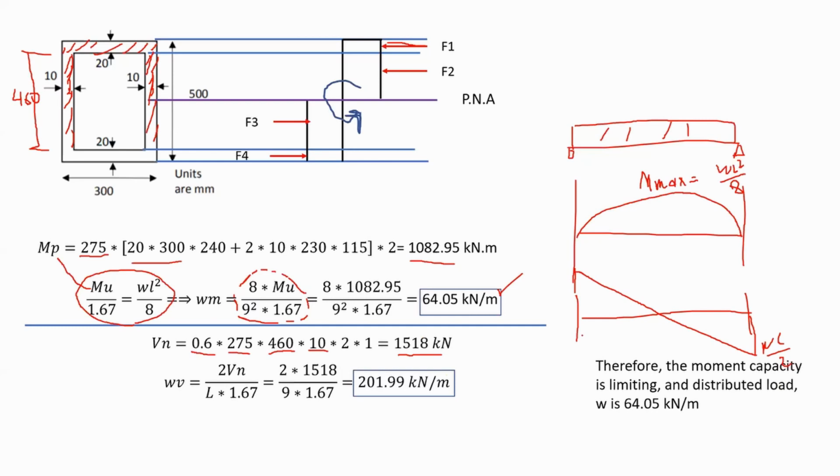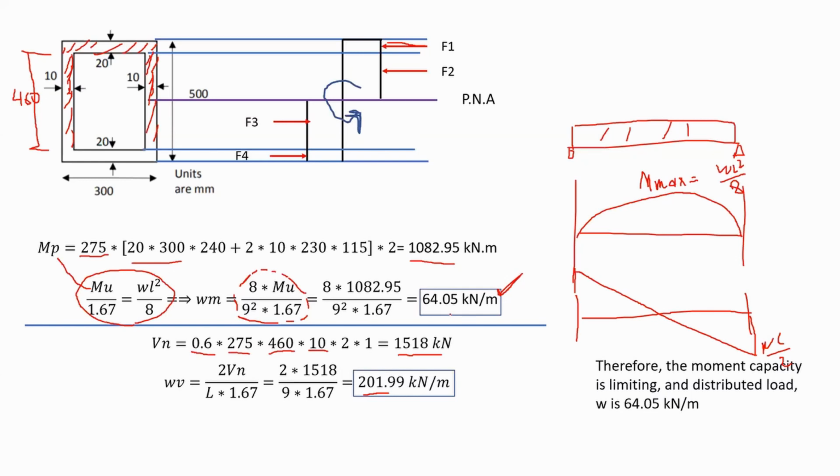Now from here, similar to what we've done before, if you manipulate your equation, you would get the value of the shear that is applied, or the distributed load by shear capacity, 201 kilonewton per meter.